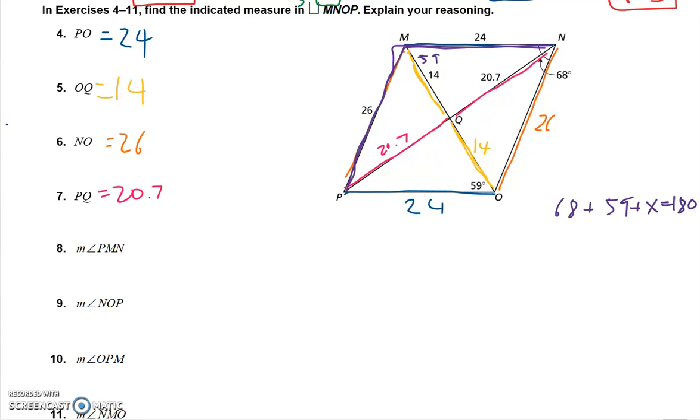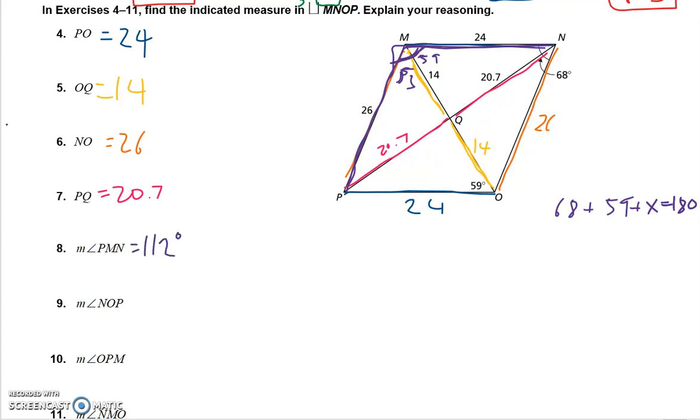So 180 minus 59 minus 68 makes this angle in here 53. So 59 plus 53 is 112. So this angle here is 112.